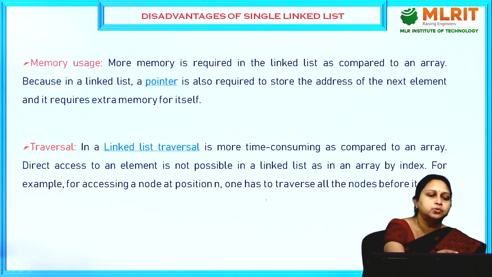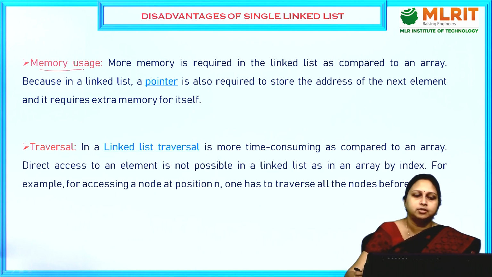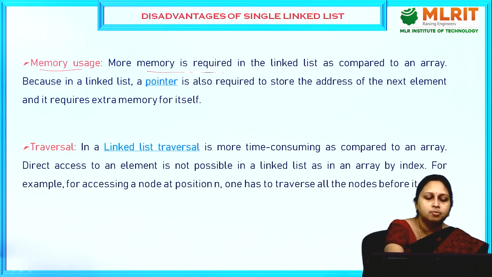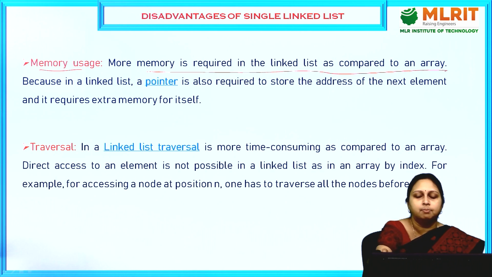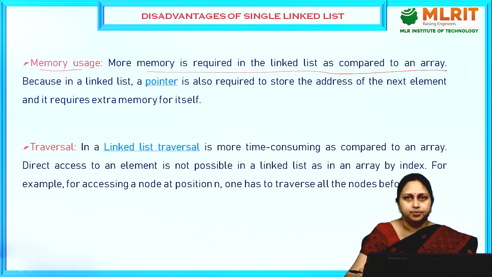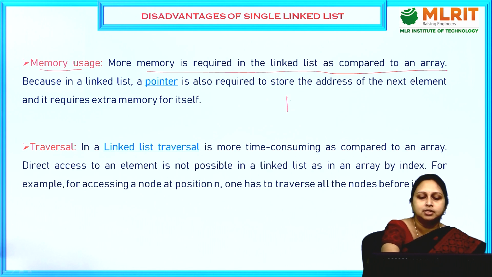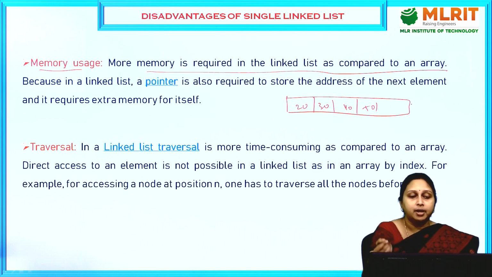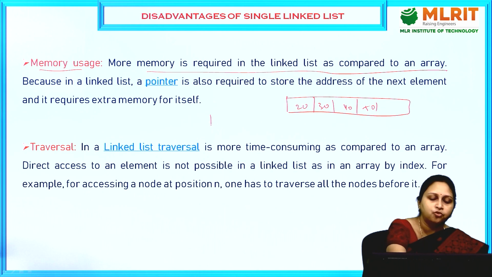Here, first thing is memory usage. More memory is required in the linked list compared to an array. When I represent an array, I store the elements in a continuous way. Suppose 20, 30, 40, 50, like this, right? But when we look at the linked list, for one element to be stored, the data value will be stored in this location, and we are going to store the address in this part.